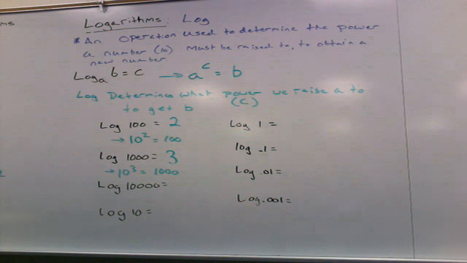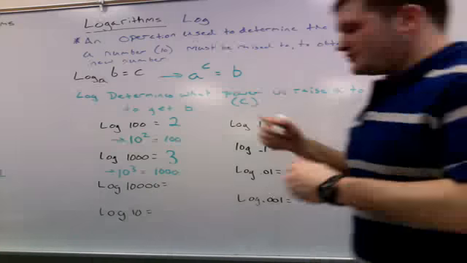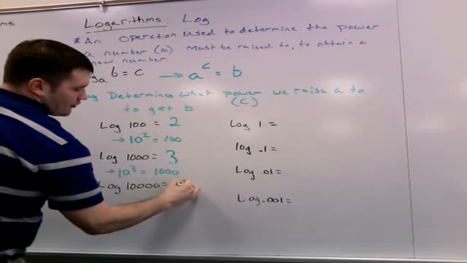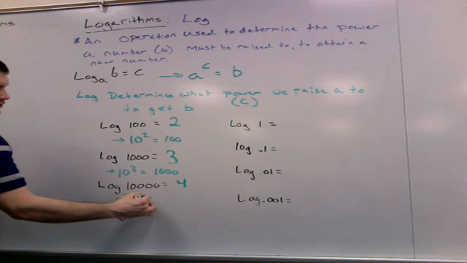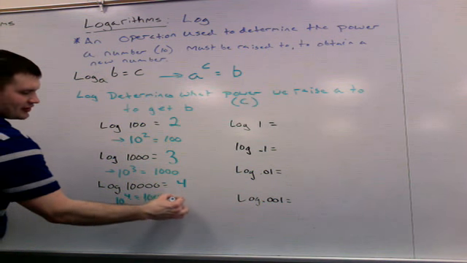Jay, you got those figured out? All right. Log of 10,000, what does this equal? 4. Good. 10 to the fourth equals 10,000.